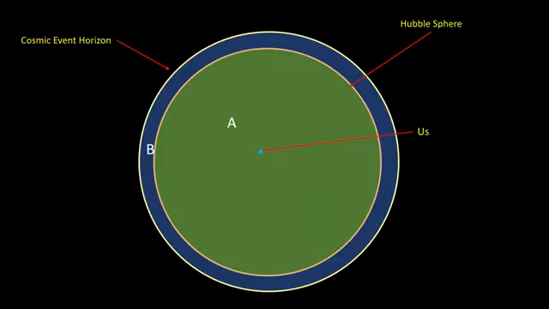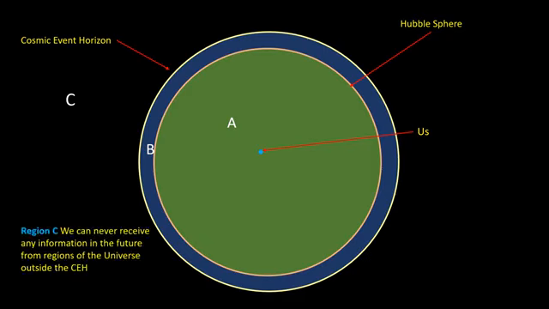So if we look at the picture, then any object within the Hubble sphere will be receding from us at less than the speed of light now. Objects which lie between the Hubble sphere and the cosmic event horizon are receding from us faster than the speed of light now, but eventually they will be receding from us at slightly slower than the speed of light, so eventually at some point in the far future the light will reach us.